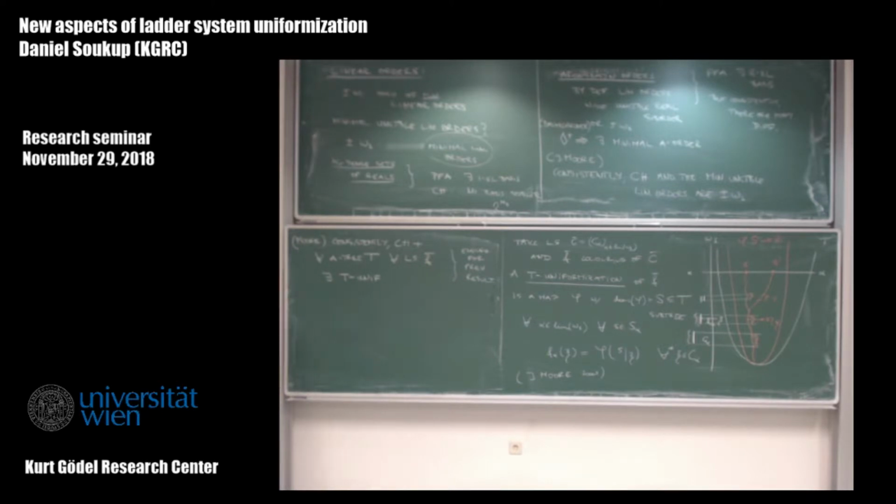It cannot be used to produce a minimal Aronszajn tree. That's a bit tricky. CH is used as a weak diamond, and somehow this uniformization property prevents you from embedding the tree into itself. That's the main idea there.